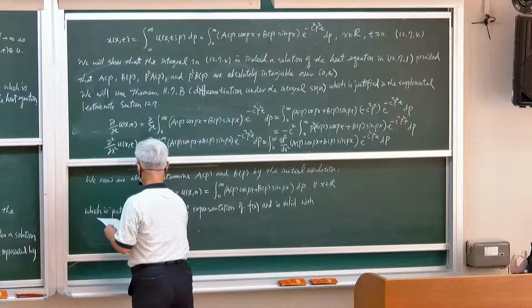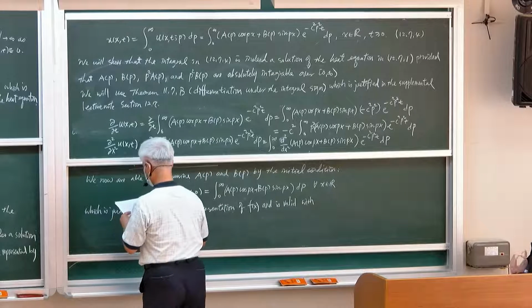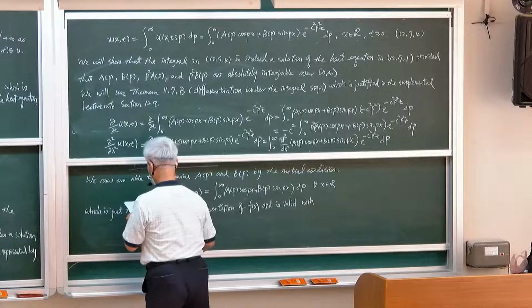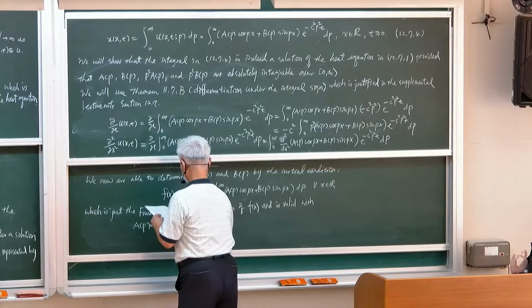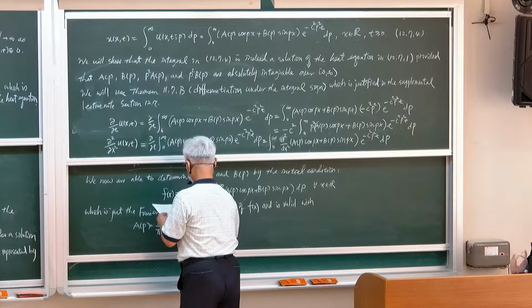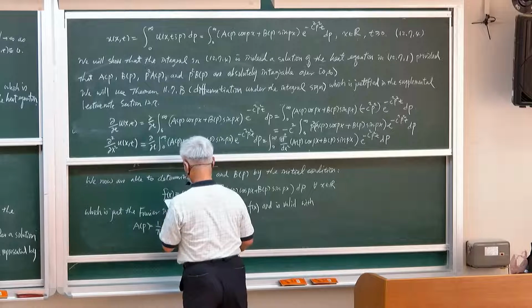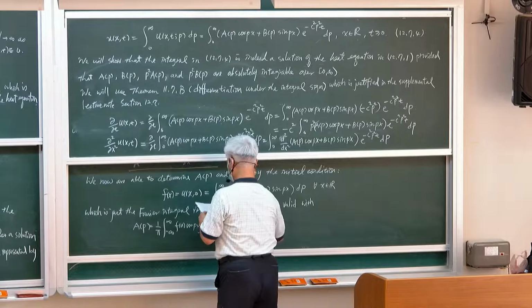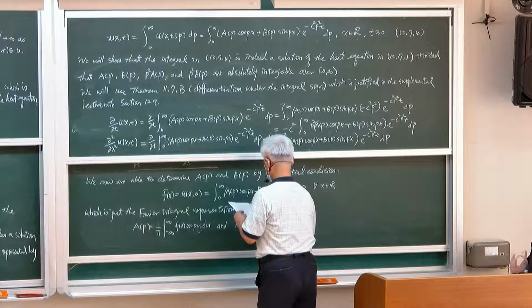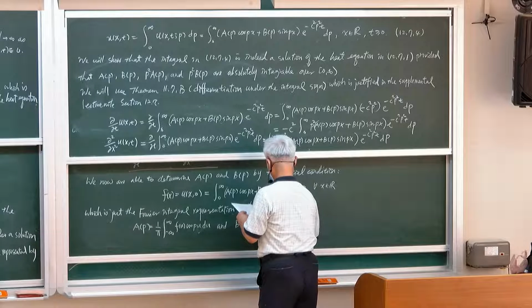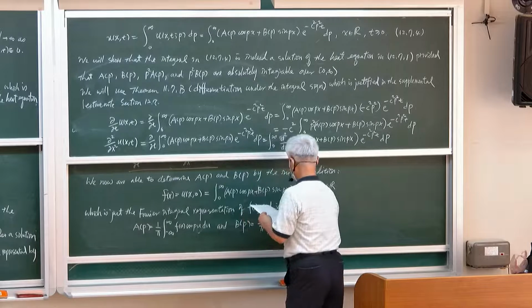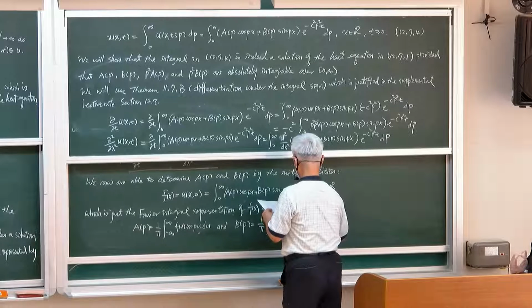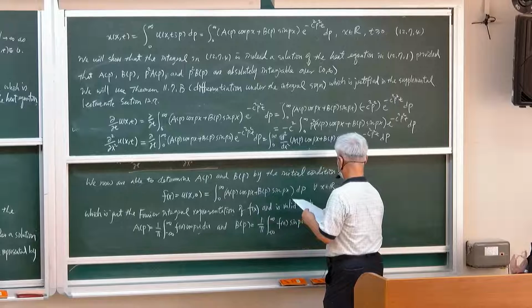So AP can be computed as 1 over pi times this integral, and BP is 1 over pi times the integral from minus infinity to infinity of f of u sine pu du, for all p.